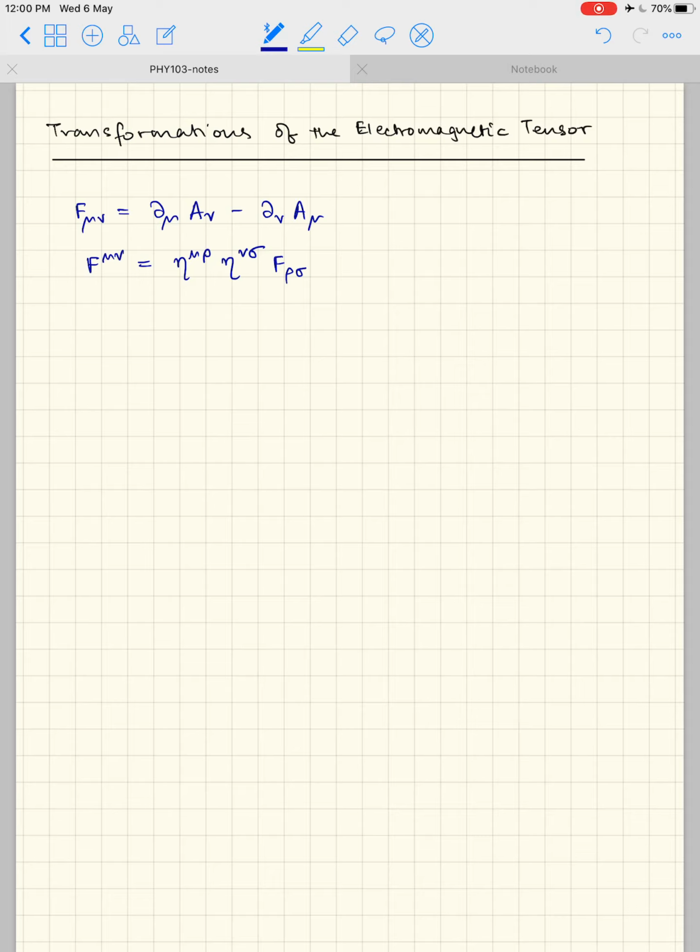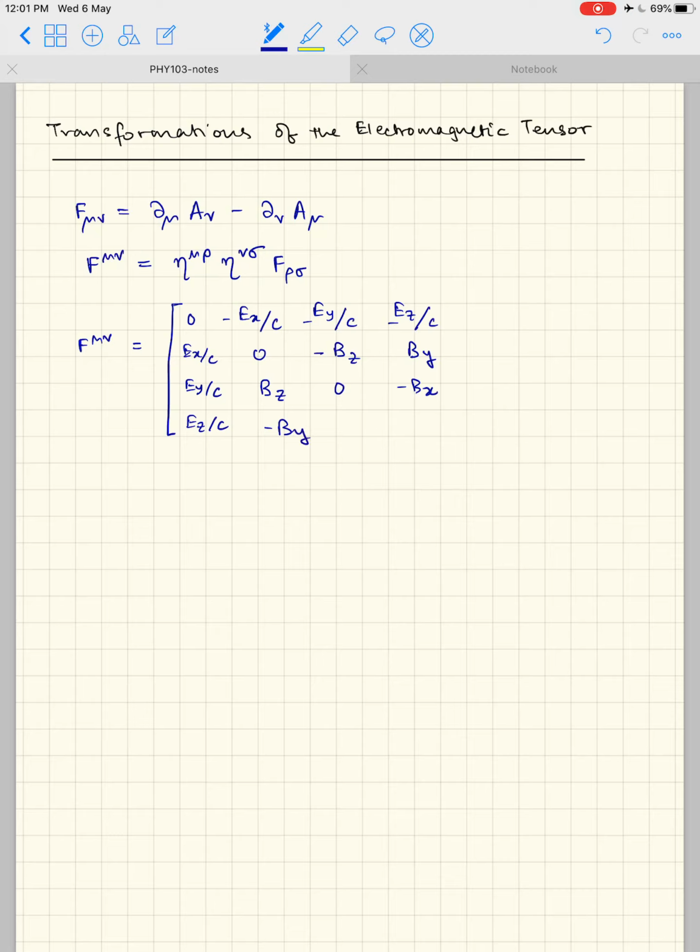So F upper mu nu, if you wrote it in terms of a matrix, was given by 0, minus Ex by c, minus Ey by c, minus Ez by c, and here it was Ex by c, Ey by c, Ez by c, 0, minus Bz, By, Bz, 0, minus Bx, minus By, Bx, 0. So these were the entries.